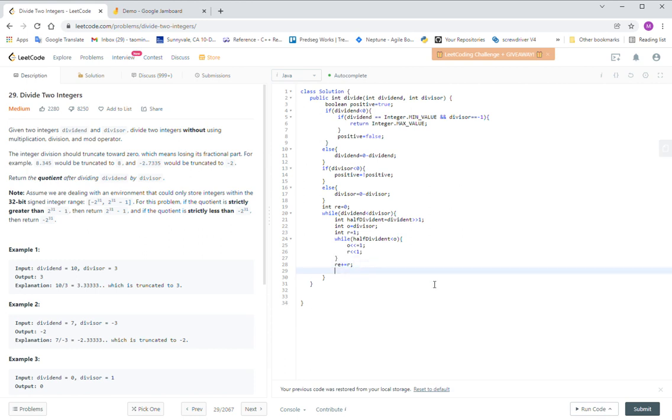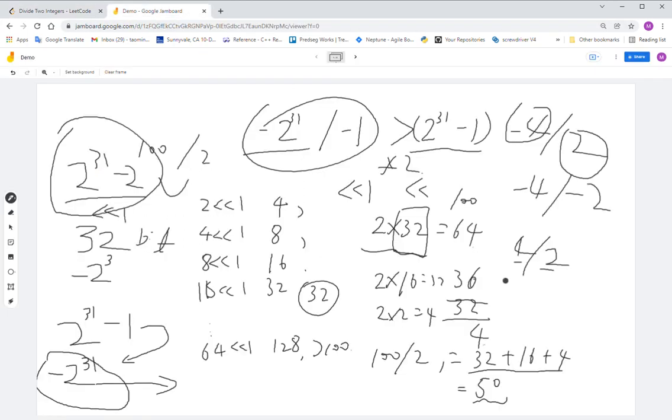After this one finished, we need to reset dividend to the dividend minus O, right? For example, here we reach 64, and then we need to use 100 minus 64 right here.